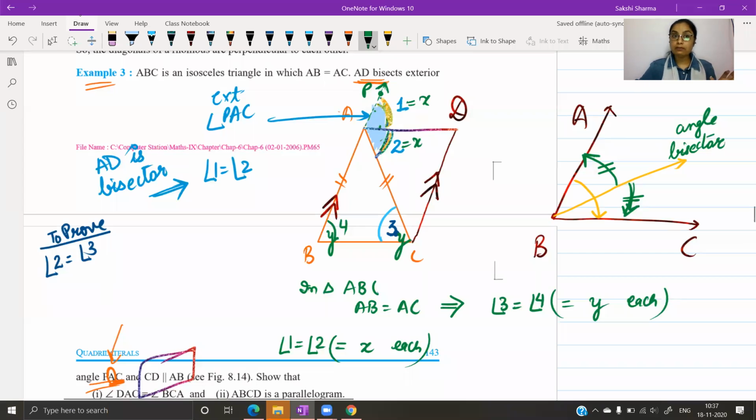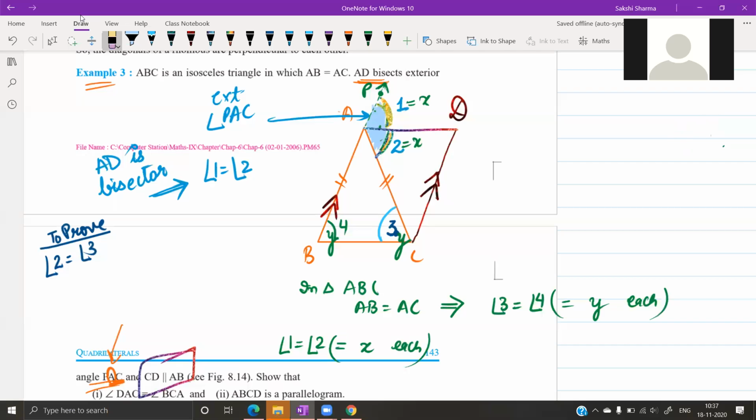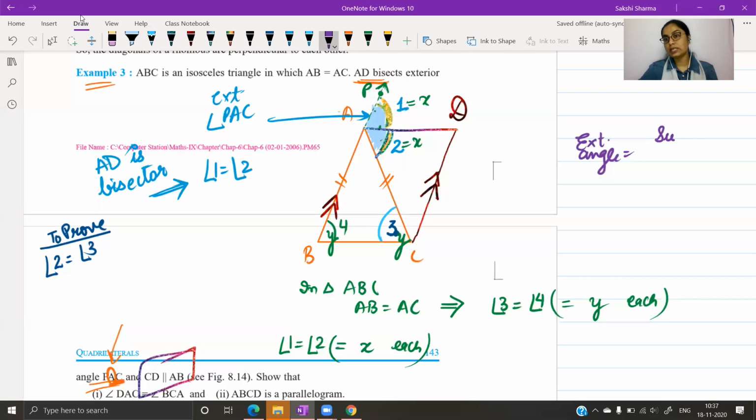I hope everyone knows what the exterior angle property is. For a triangle, the sum of two opposite interior angles is equal to the exterior angle. Yes, the exterior angle of a triangle is equal to the sum of the interior opposite angles. So the exterior angle here is angle PAC.